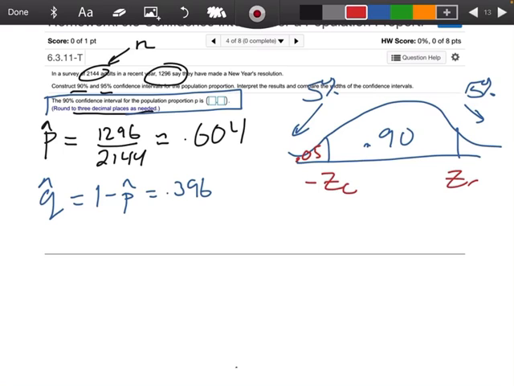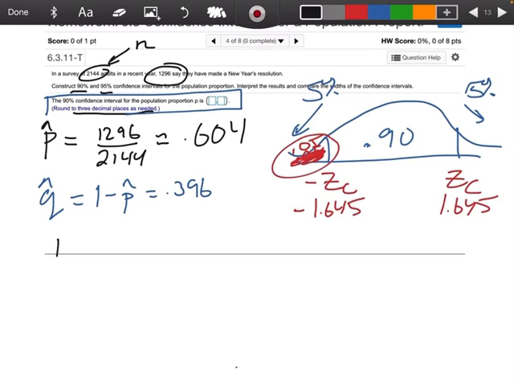Next, we're going to find how we compute our error. I copied this directly from our notes. Here's the formula for finding my error: it's going to be Zc times the square root of p-hat q-hat over n.